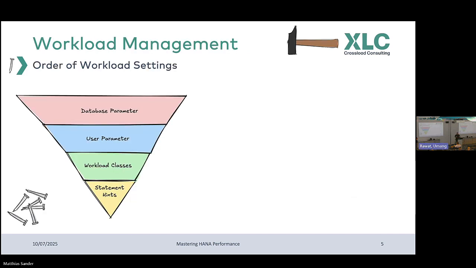So we try to show a little bit the dependencies between all those components at the end. The database parameters on the first level are a really general point to restrict the resource consumption in the system, like I guess most of you will know the statement memory limit, which is an example for this, which is really a general setting on the highest level, and it will influence everything.